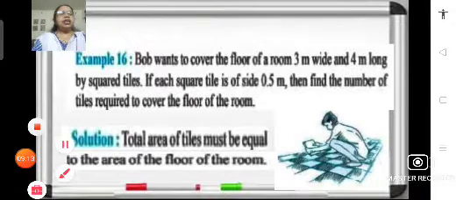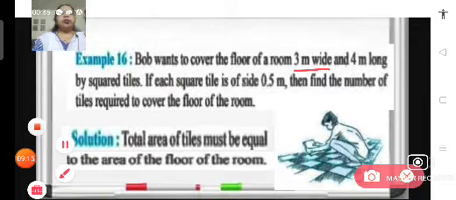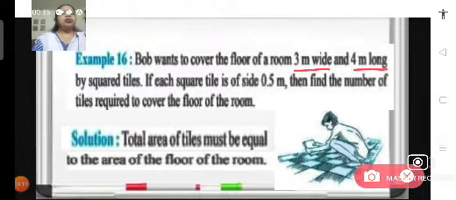It is 3 meter. And what is its length? It is 4 meter. And he wants to cover it by square tiles. If each square tile is of side 0.5 meter, then find the number of tiles required to cover the floor of the room.